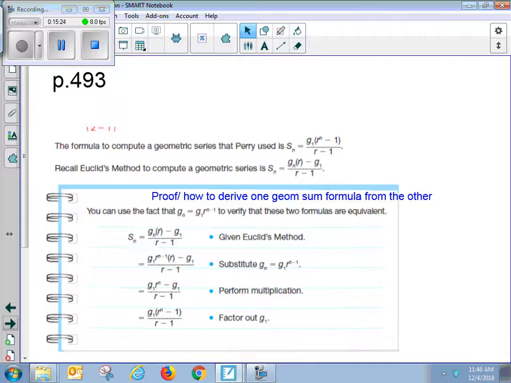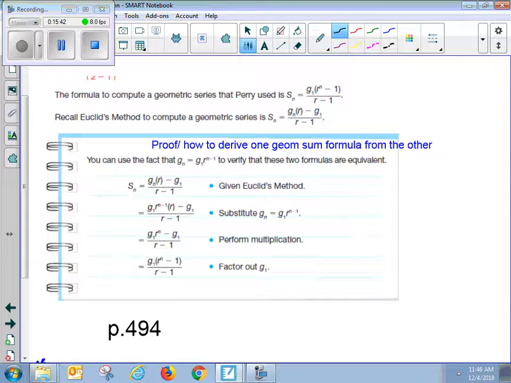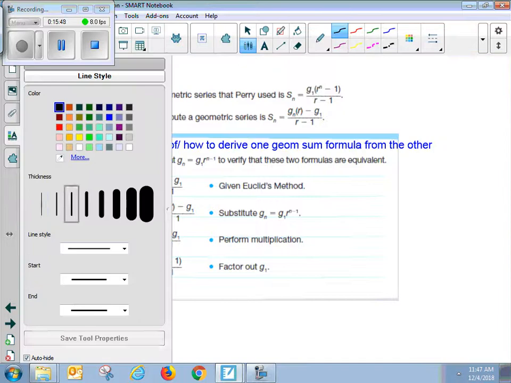That's a geometry thing. But this is an algebraic proof. But what's neat about algebraic proofs is that what they're writing next to it is just like what you would say to me, the action that you did to get from one step to the other. So we're just going to talk about this in the day. I would have had my students prove this, go from one to the other. Now I'm just showing you this. This is in your textbook. That's why you see it in the spiral right here.